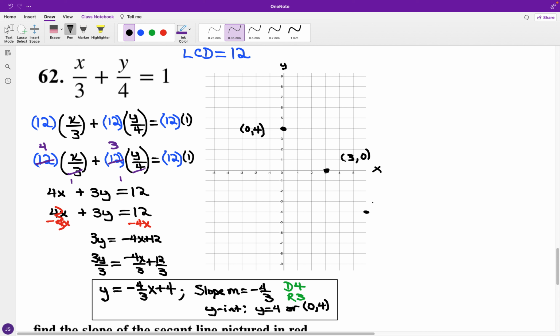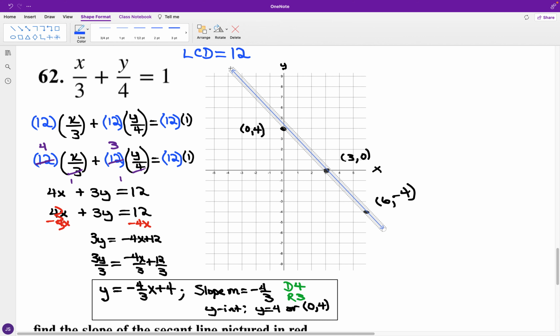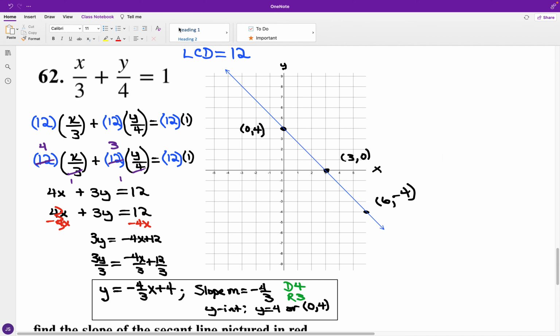We'll pass the number labeling, but your x value will be at 6, and the y value will be -4. And if I had any prior points, that would be (-3, 8).